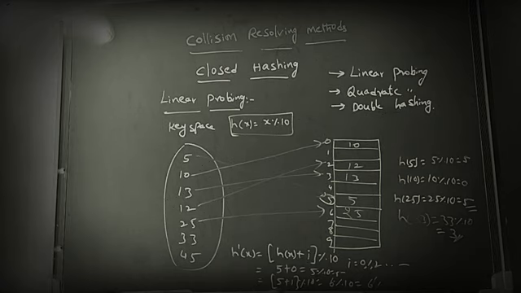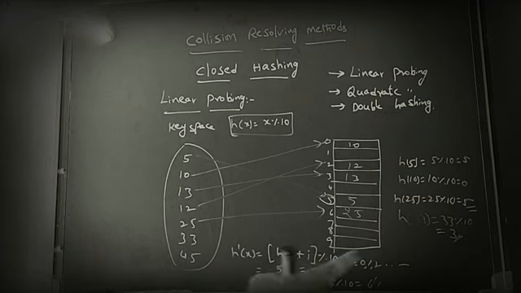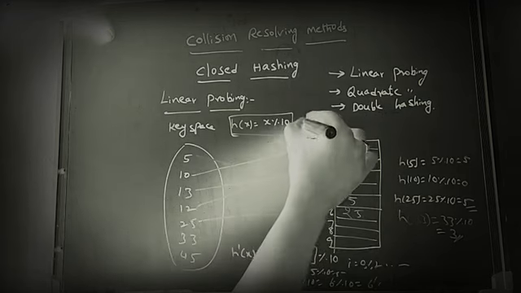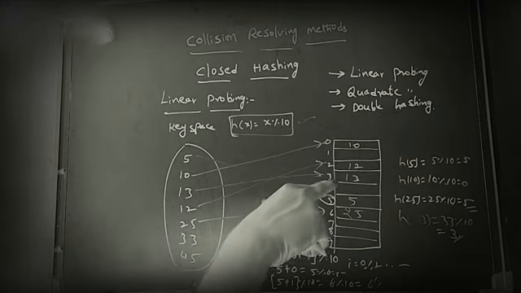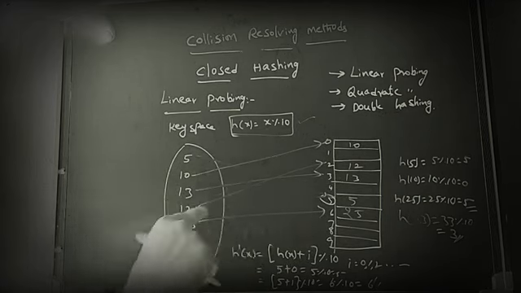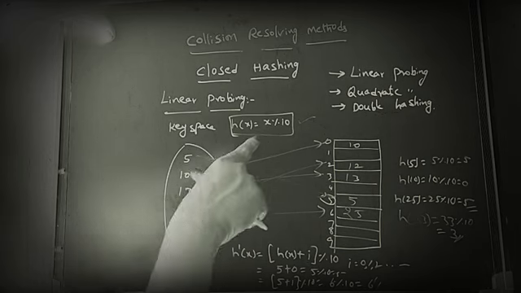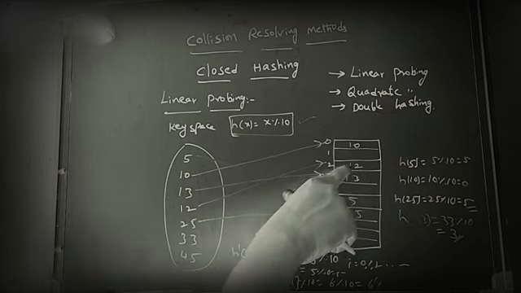So apply this formula: if any collision occurs, then go for this formula. If there is no collision, use the original formula. Okay, I think it is clear. If the index is empty, the original formula is enough to place the element. Use the modified formula when an element is already at the index position.